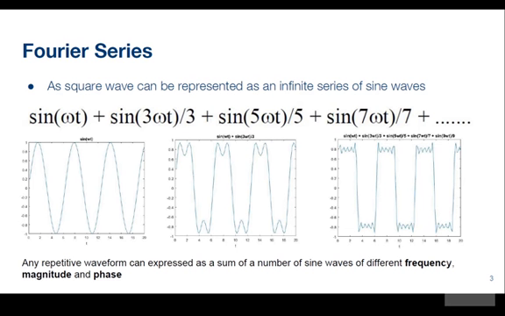I've done some examples. If we just have a single sine wave, a single frequency, we get a waveform that looks something like this. If we add in another sine wave with 3 times the angular frequency, and then divide the signal by a factor of 3, and then continue adding a contribution with 5 times the angular frequency, and one with 7 times the angular frequency, what we end up with is the underlying fundamental frequency component, and then these additional frequencies on it, which we can see.